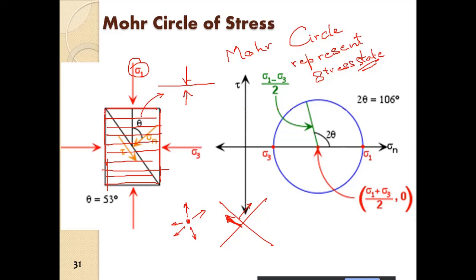If we consider this element here, we have sigma 1 here, sigma 1 here. So sigma 1 is acting normal to these horizontal planes at all points of this element.